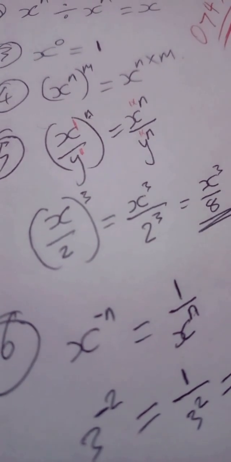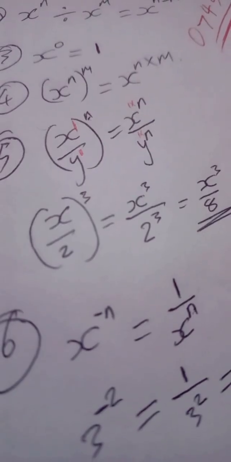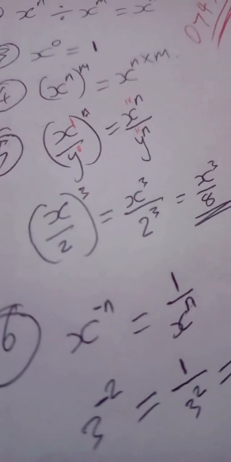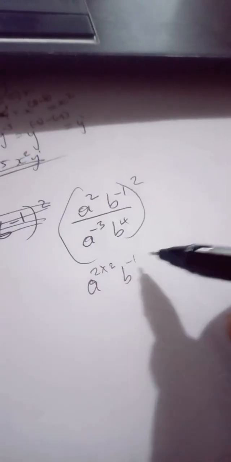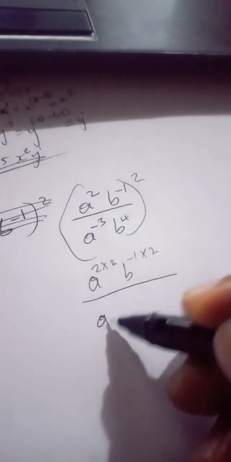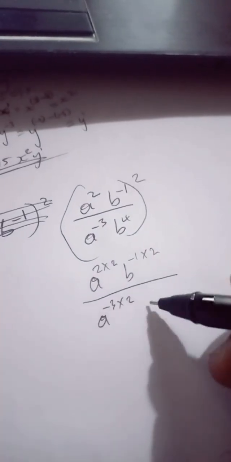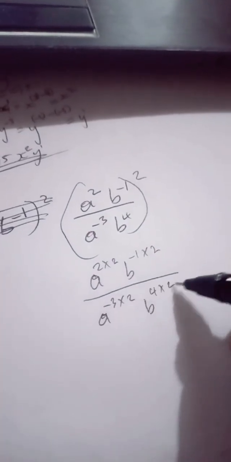So literally, we want to apply this concept here. So this means a to the power 2 times 2, b to the power negative 1 times 2. All exponents are being affected by the outside exponent. A to the power negative 3 times 2, b to the power 4 times 2.